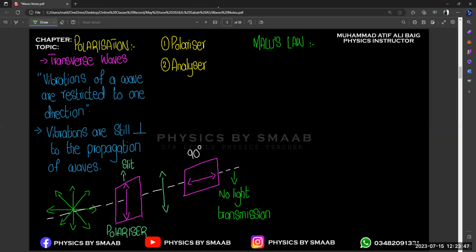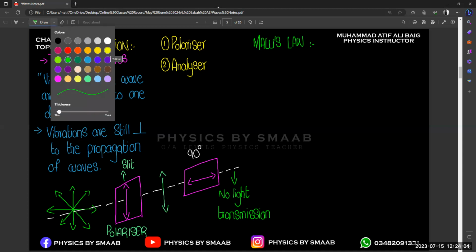Because all orientations are blocked and only one orientation is allowed, the intensity of the light is going to be half after passing from the first polarizer. So first of all, that is only a condition, not a law.